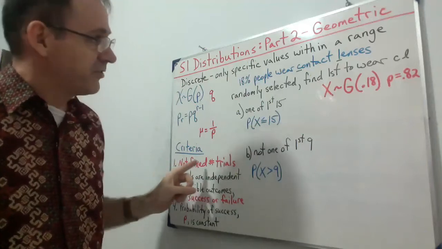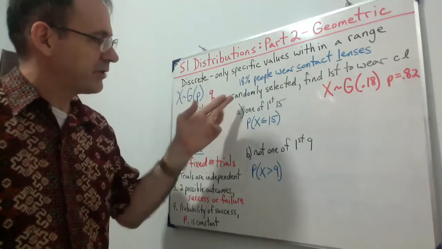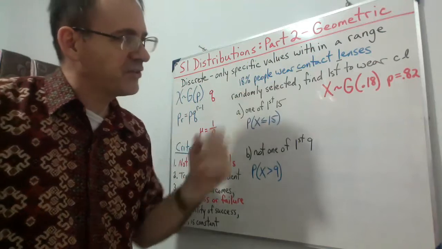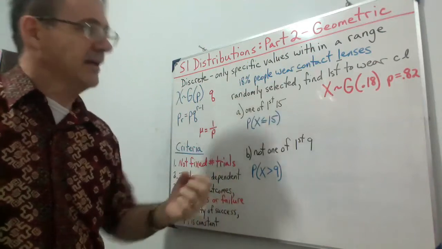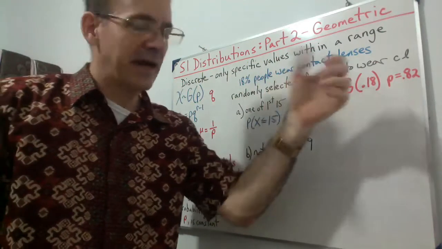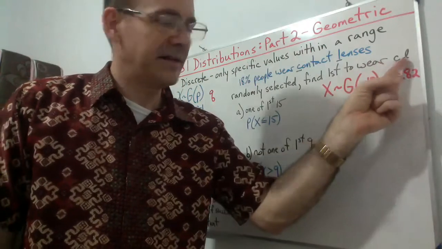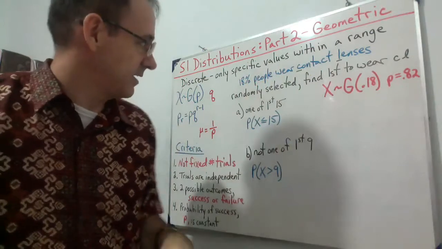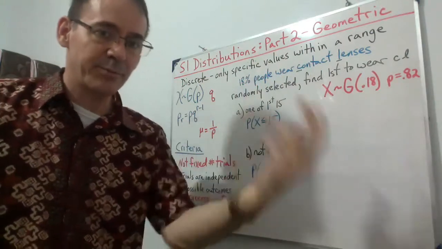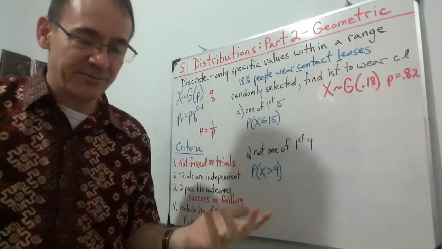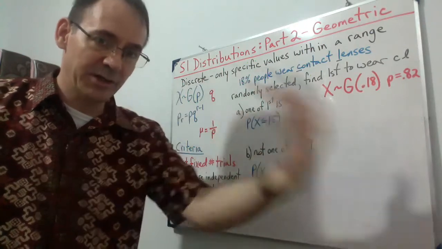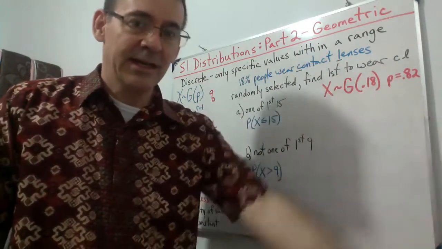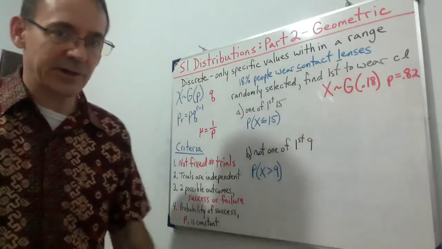And there's not a fixed number of trials. You just keep randomly selecting people from the public until you find the first one that's wearing contact lenses. So you just keep selecting a person, interview them, see if they wear contact lenses. If not, you go on to the next one and on to the next one.